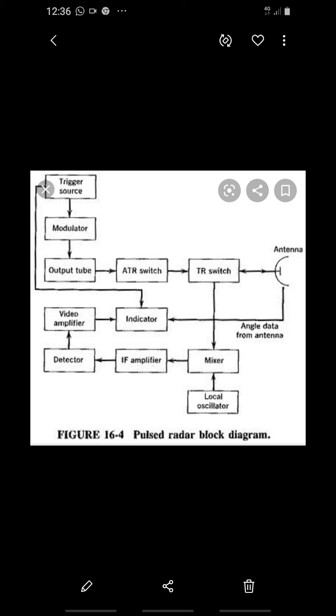It provides a rectangular pulse which acts as the supply voltage to the output tube. High frequency pulses are transmitted at regular intervals.